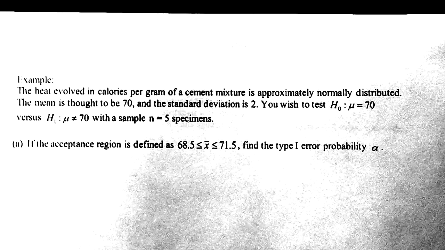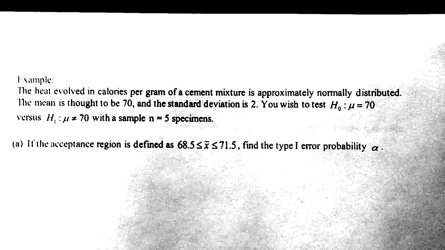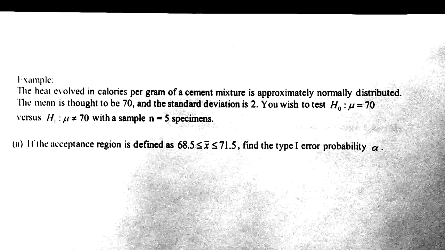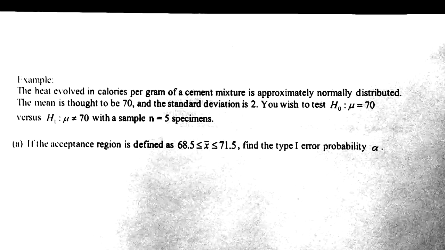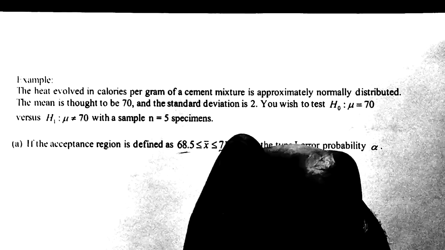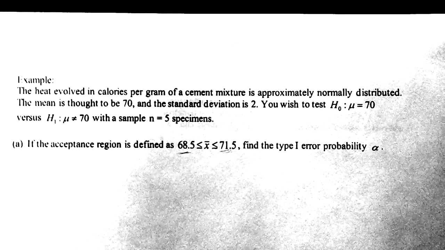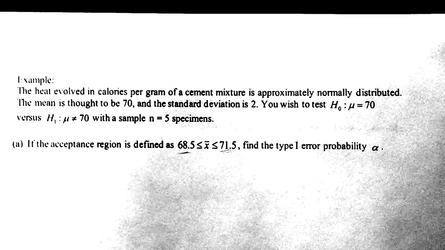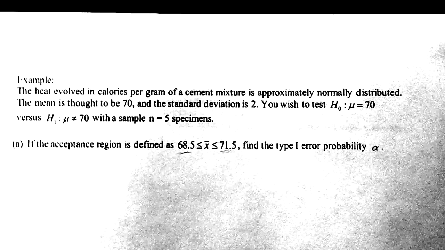So we're looking at the idea that we have an X bar that is lower than 68.5 or an X bar that is higher than 71.5 with a true mean of 70.